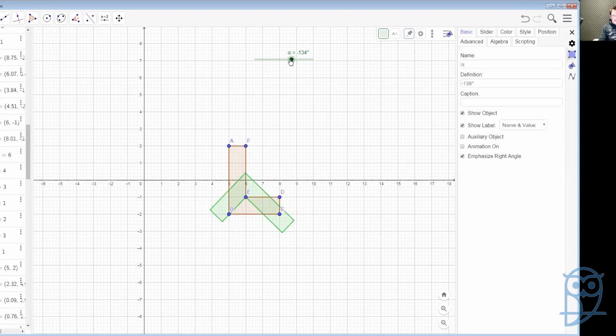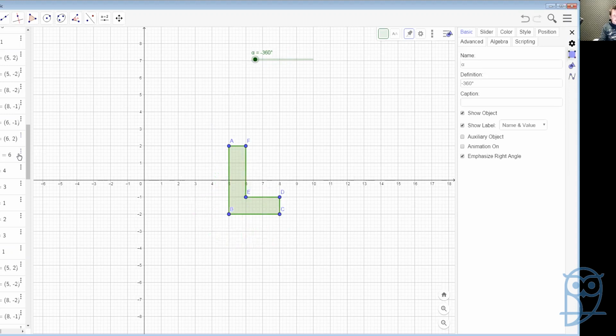I hope you guys also know that you will only ever have to worry about the 90, 180, and 270 rotations. You'll never be given a random like 132 degrees. You don't need to worry about that. All right, there's my 270. And then again, all the way around to 360.